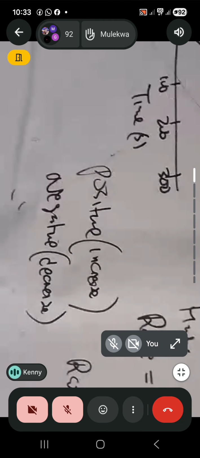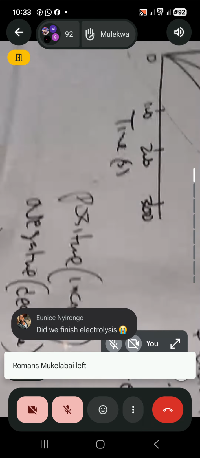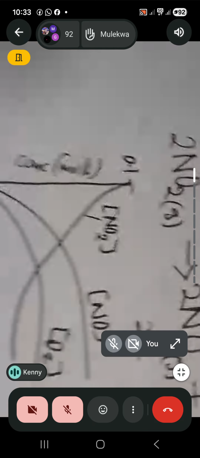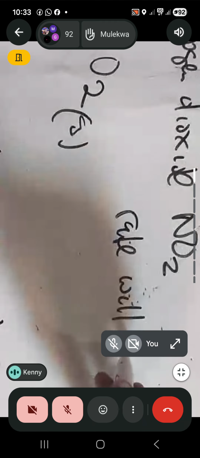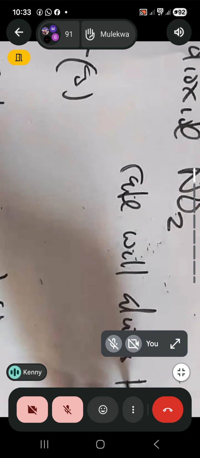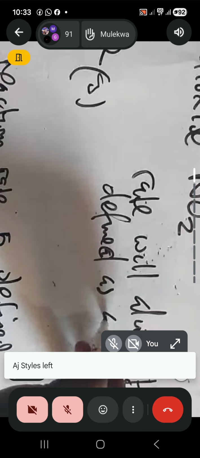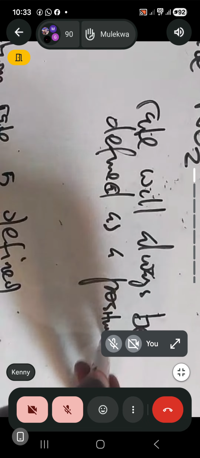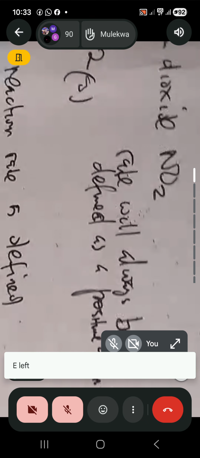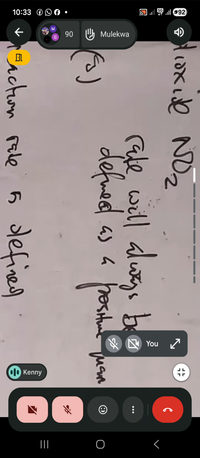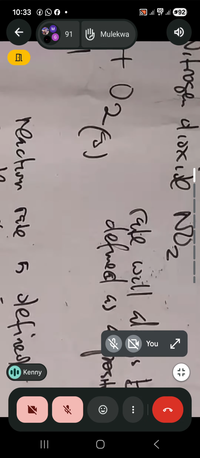However, for convenience, we will always define rate as a positive quantity. Rate will always be defined as a positive quantity. We shall look into that.